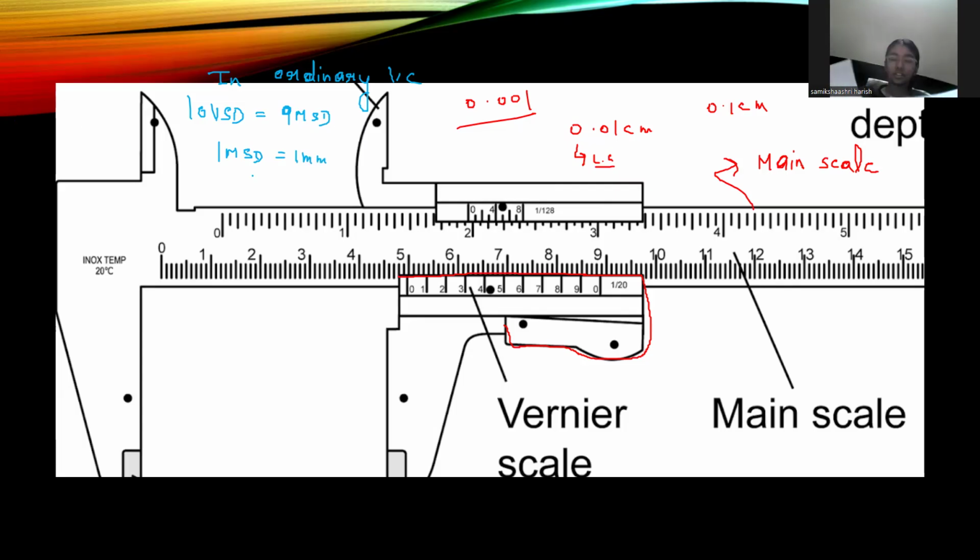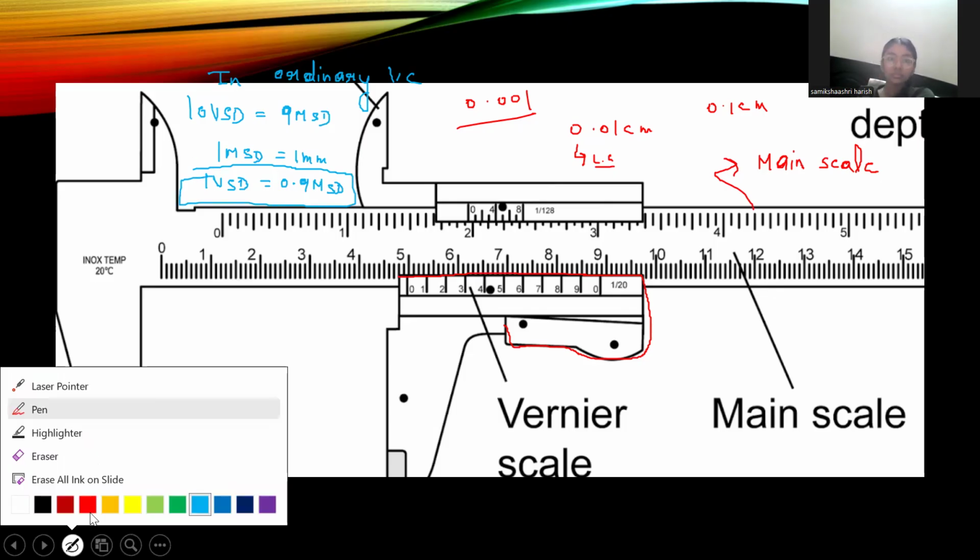So 1 vernier scale division is 0.9 main scale division. It means the main scale division is bigger in size as compared to the vernier scale division.